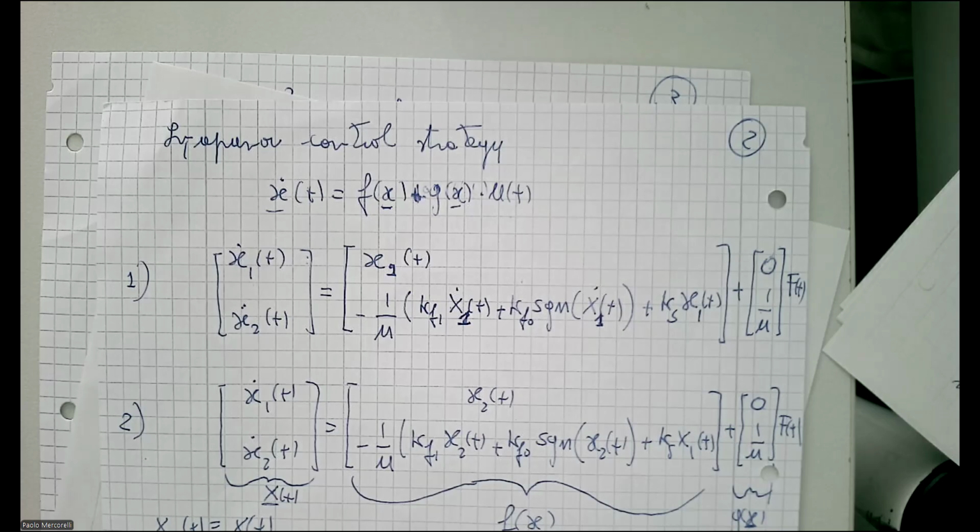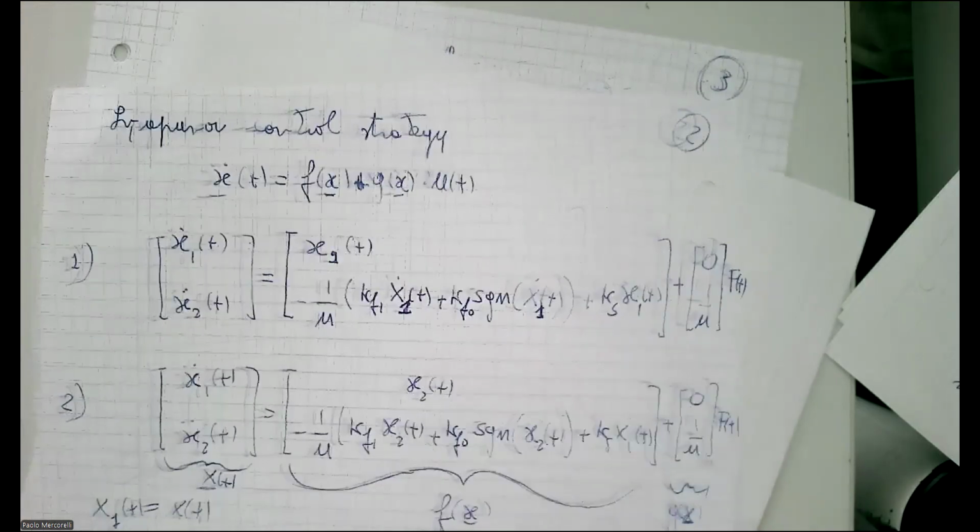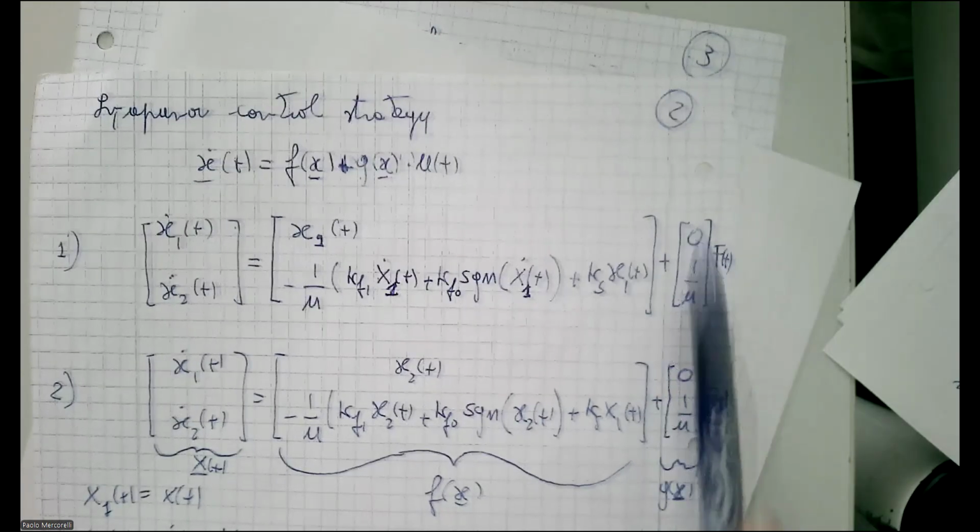Yeah, this is zero, because otherwise it makes no sense: the derivative of the position equals the velocity, and the force doesn't make sense. Excuse me for the error, I will scan again.